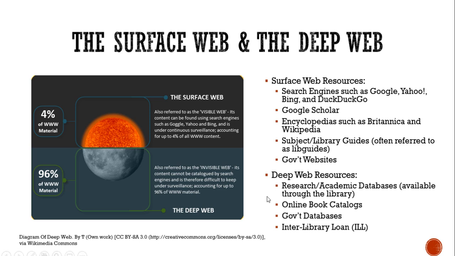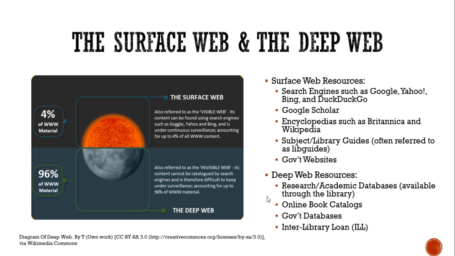So what resources are available to you on the surface web for doing research? Those are going to be things like Google, Yahoo, Bing. If you're more privacy minded, you can use DuckDuckGo, which is a search engine that doesn't track your searches or your user data.